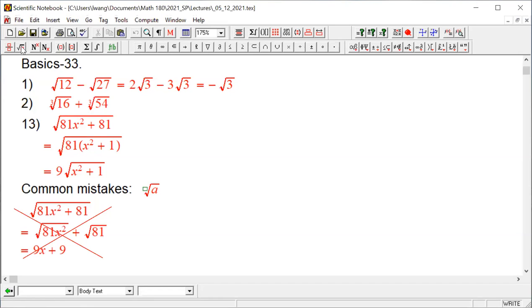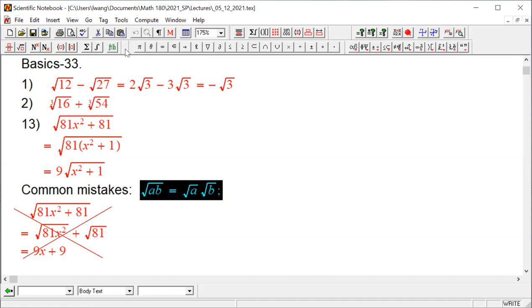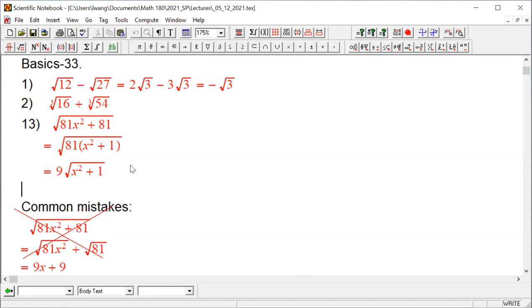Regarding roots, okay, the square root of a multiplied by b equals the square root of a multiplied by the square root of b. Okay, that is true. Let me put it here: true.